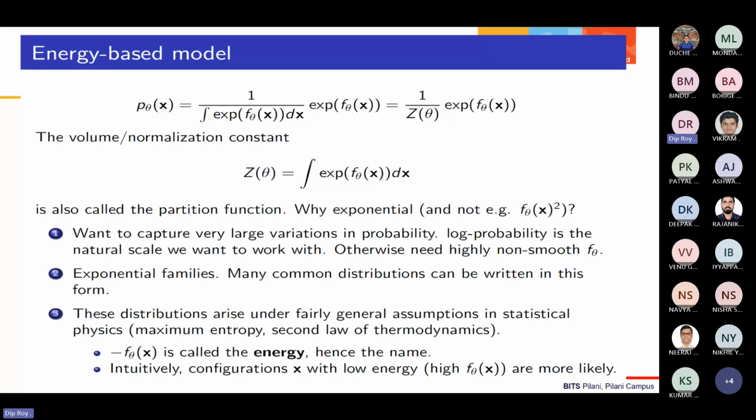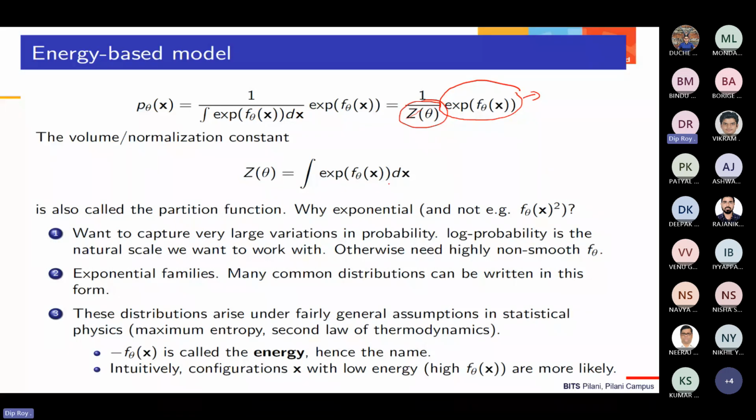So in EBM, as we have talked about, we have these two components. One is the numerator, which is basically the exponent, the function. And the other is your partition function, which is your denominator, which is hard to compute. Your denominator is nothing but an integral over all the values of x.